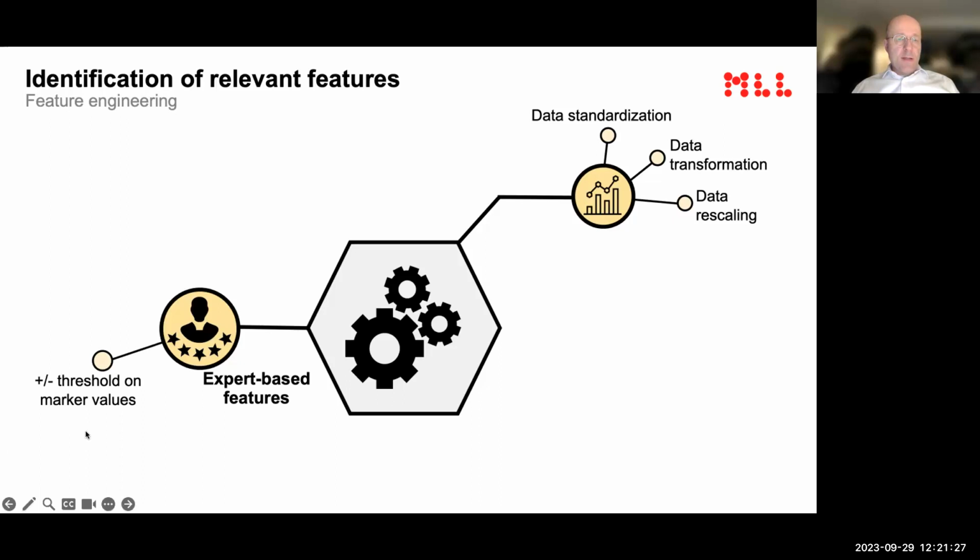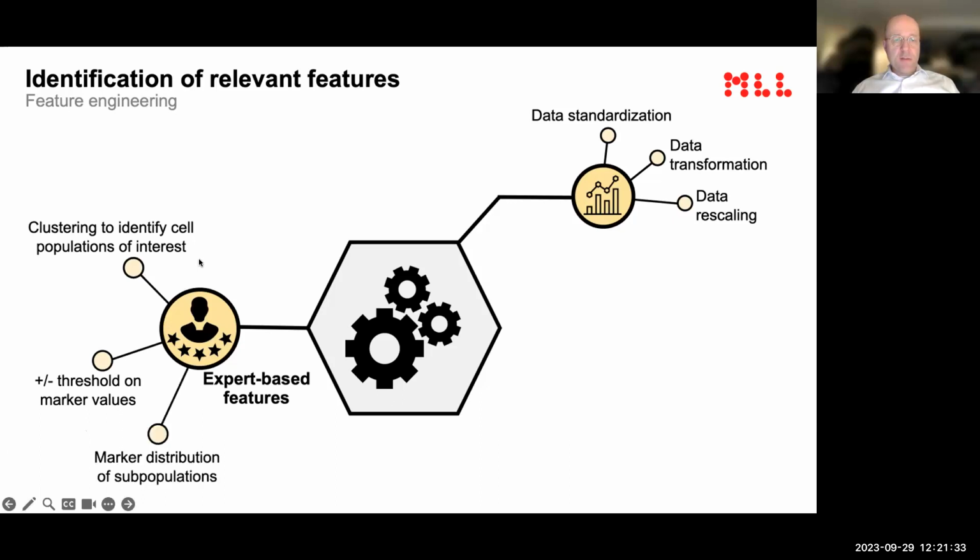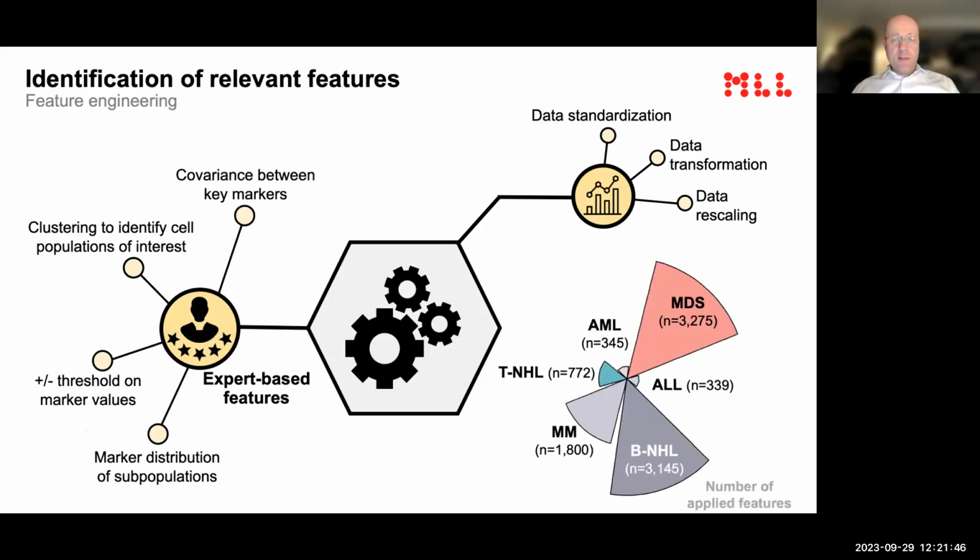And then we added thresholds for certain markers. We did clustering to identify populations of interest. This is also a topic we're still working on. And then we, of course, analyzed marker distribution of subpopulations, and covariance between key markers.